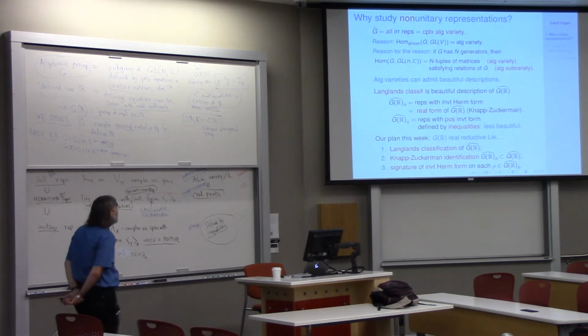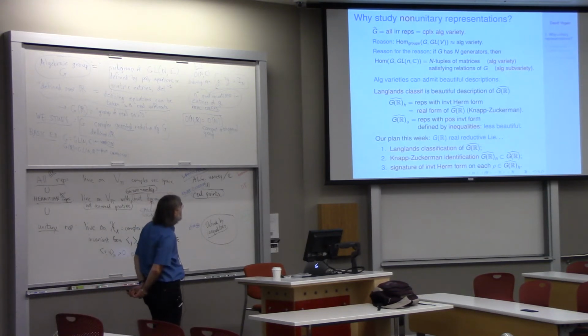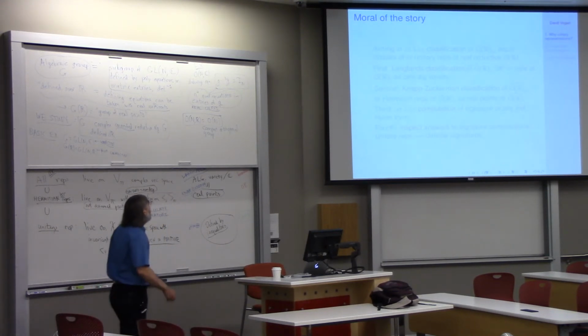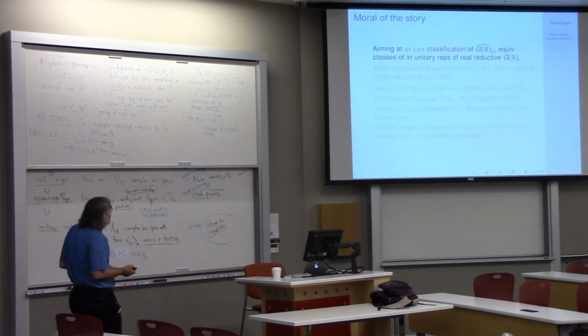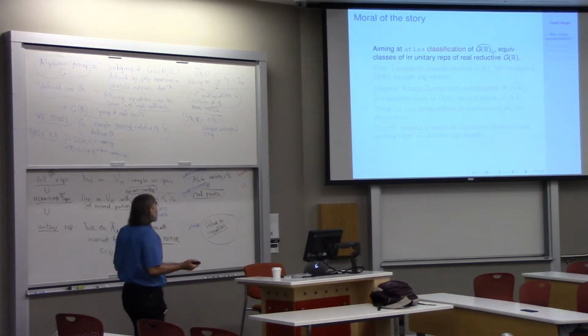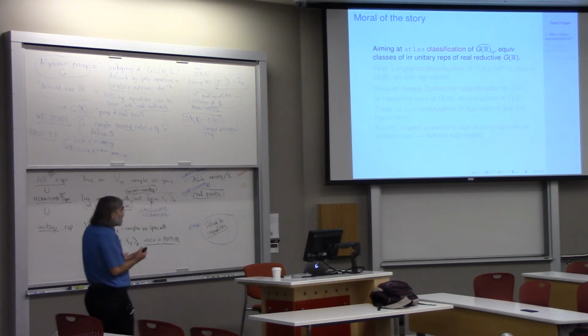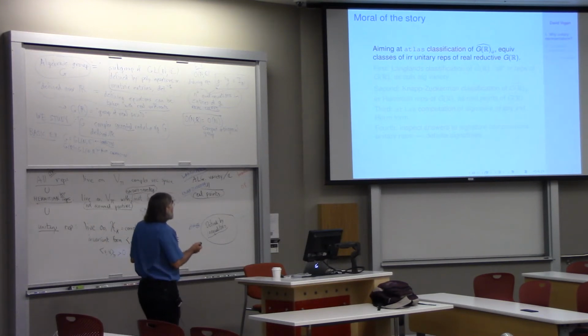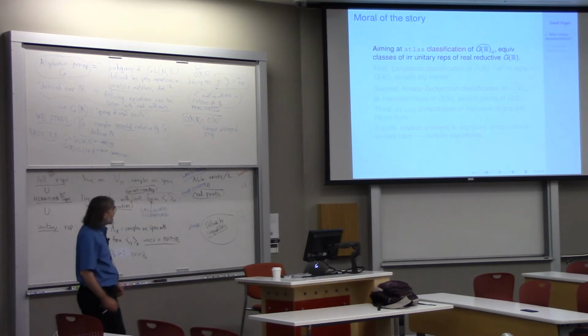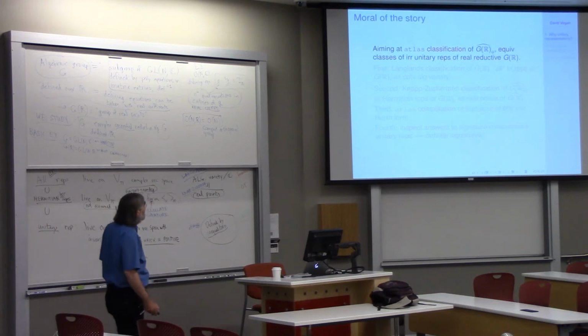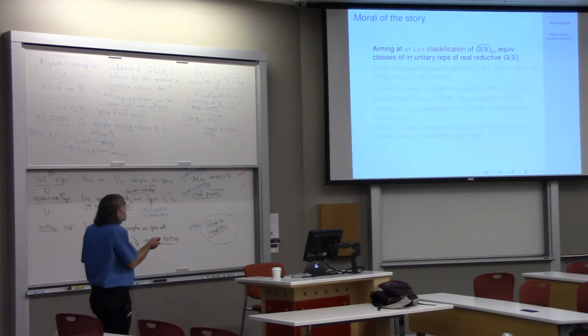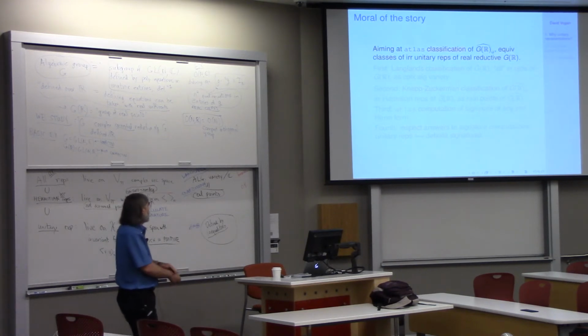So I think the next thing is just a summary of what I've said so far. What I want to describe this week is the nature of this atlas classification of the unitary representations, the equivalence classes of irreducible unitary representations of a real reductive group.